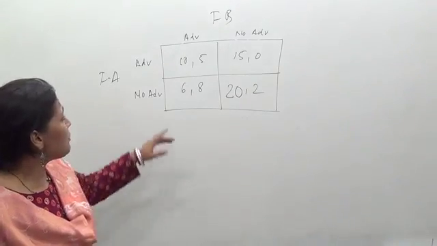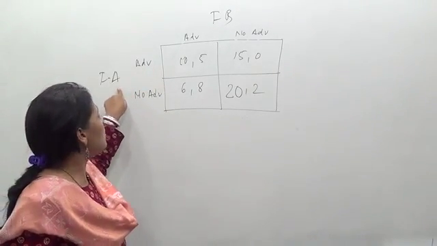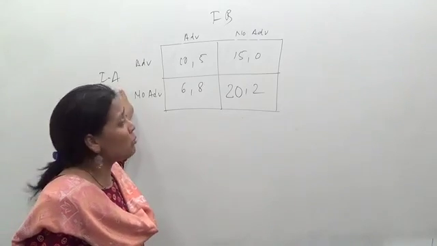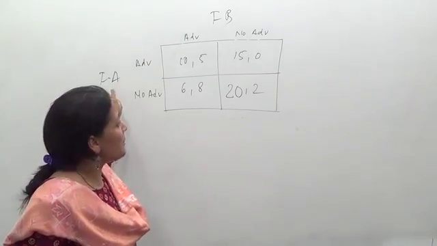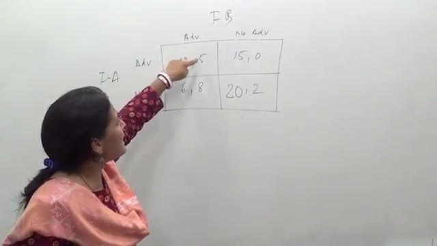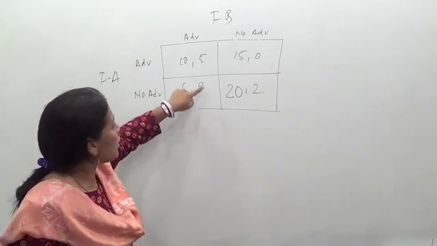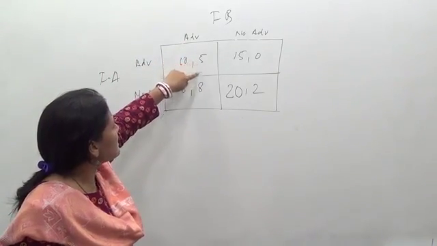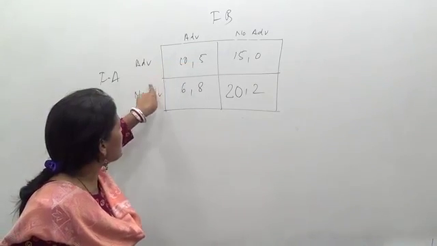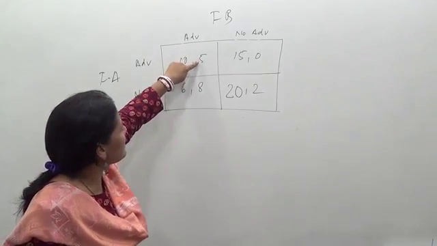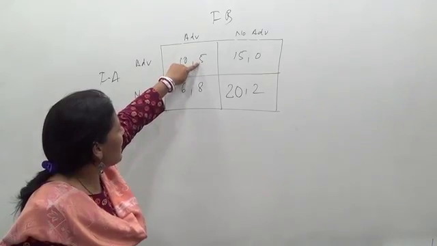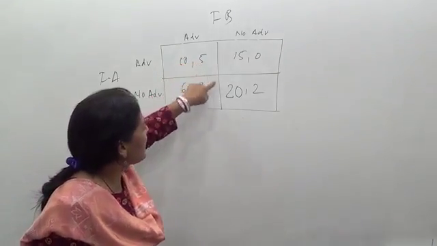So in this case, if you want to find out what is the Nash equilibrium of firm A, then firm A will be taking out firm B's best situation. So if we find out firm B's best situation with advertisement and without advertisement, we find that it is getting the 5, 8, 0, 2 situations.